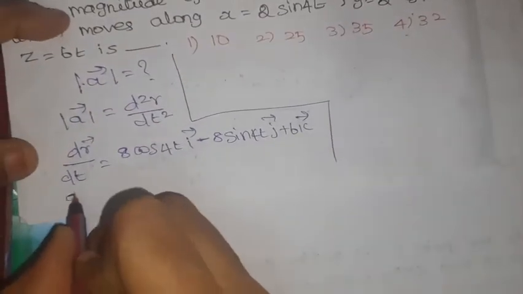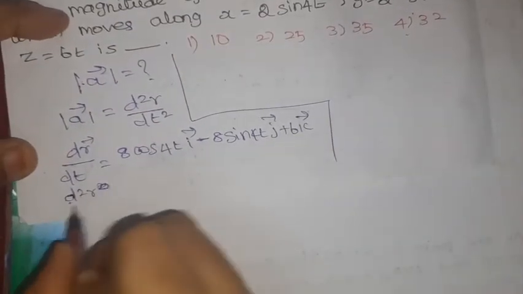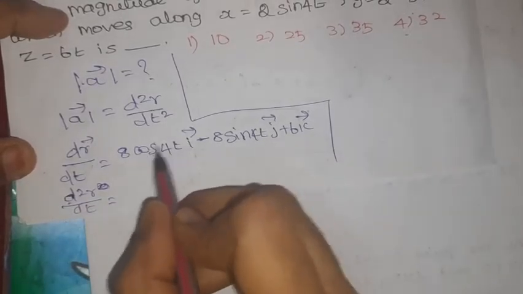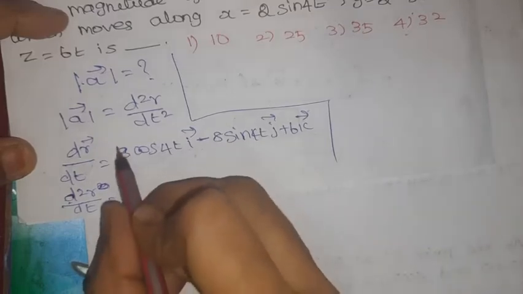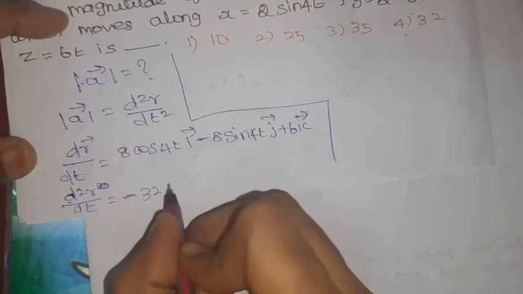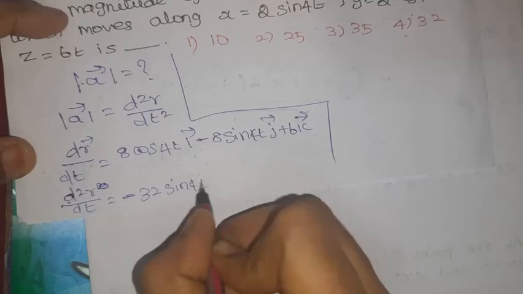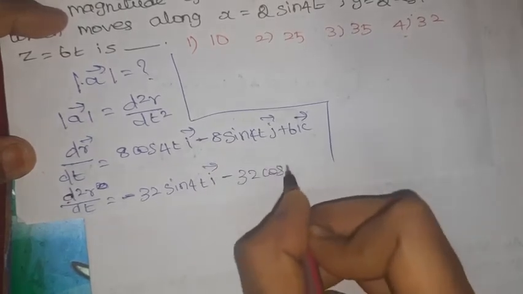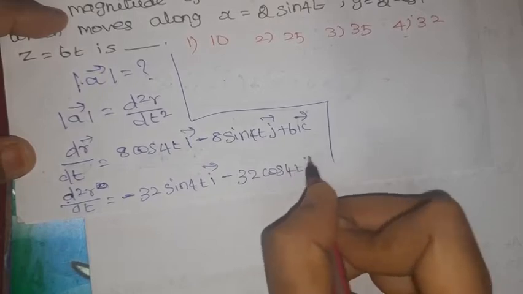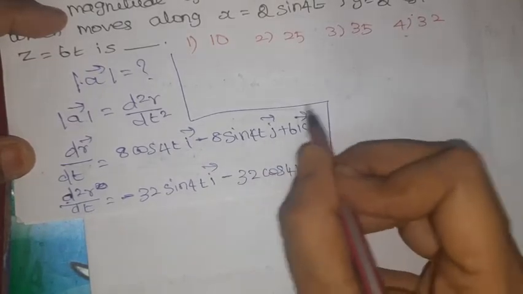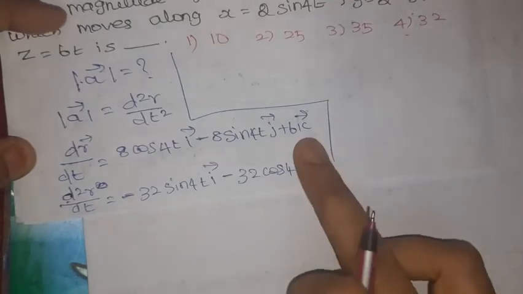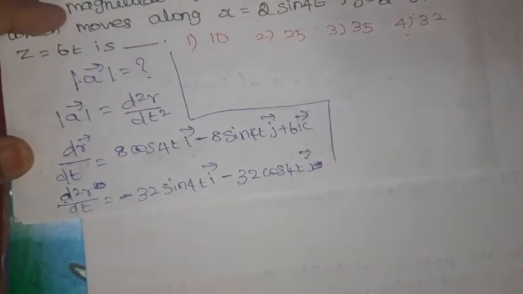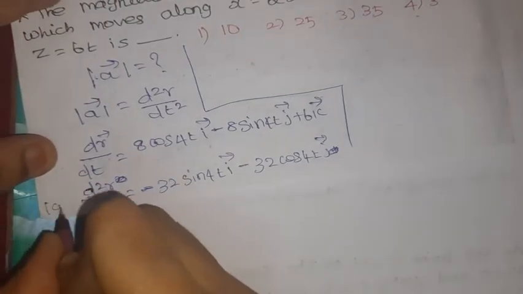Now differentiate with respect to t again, the second derivative. So the derivative of cos 4t is minus sin 4t into 4, already 8, so minus 32 sin 4t i, then minus 32 cos 4t j, plus this 6k is a simple constant. When differentiating we will get 0 only. So this is the a vector.